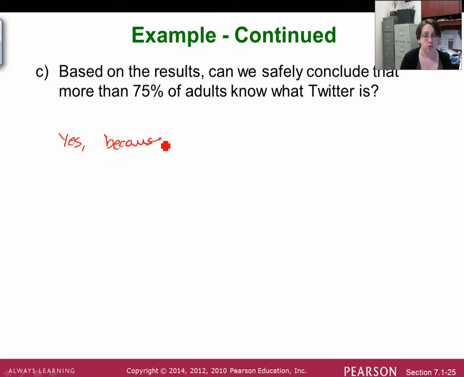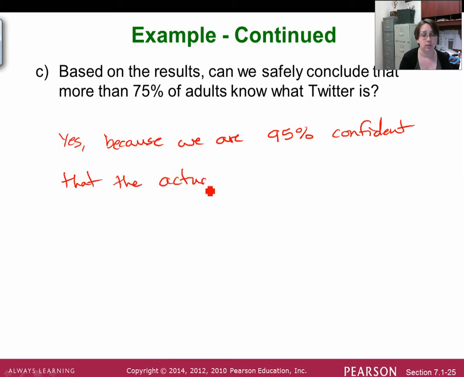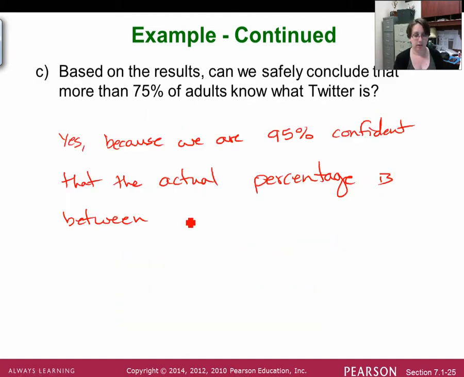Because we are 95% confident that the actual percentage is between, what was it, 82.8% and 87.2%.